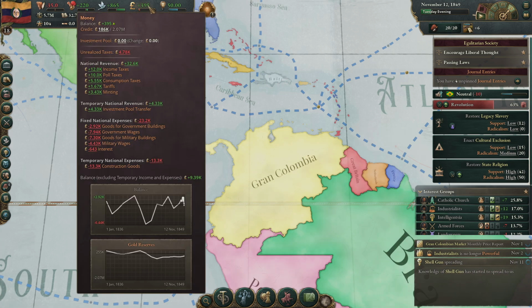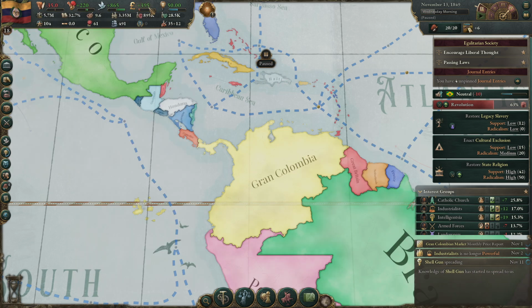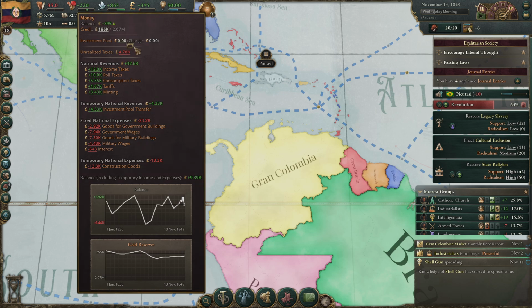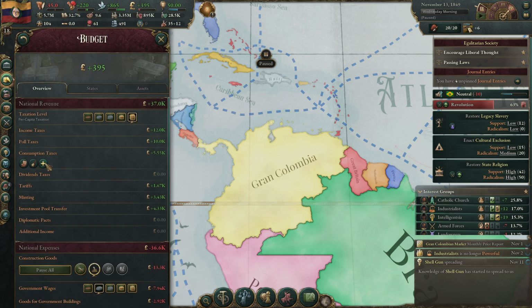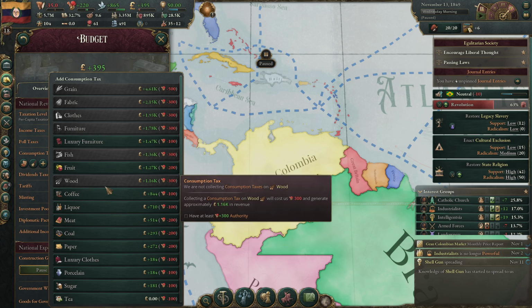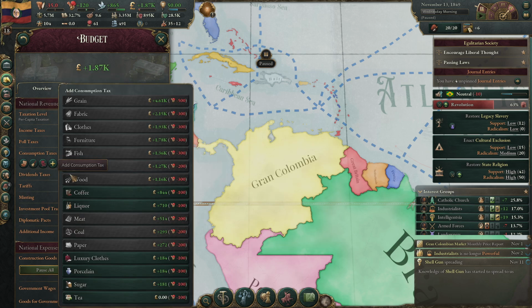Then we should make a little bit more money. I think I am going to use my other authority just to get consumption taxes again. Something really weird going on with this tooltip. Yeah, the other ones are not having that many taxes, so I will put my other points in maybe some more taxes like luxury furniture. And that's gonna be it.